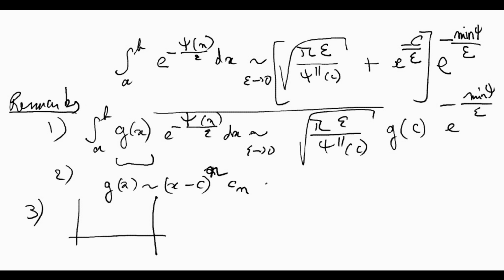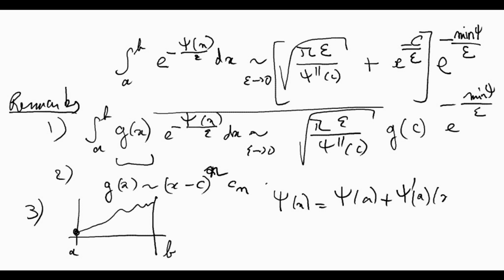It is when the maximum is not achieved inside the domain, but at the boundary. So we have a and b, and in that case we should not do a Taylor expansion of psi at second order, but just at first order, so that we can write psi of x equal psi a plus psi prime a times x minus a plus small o of x minus a.